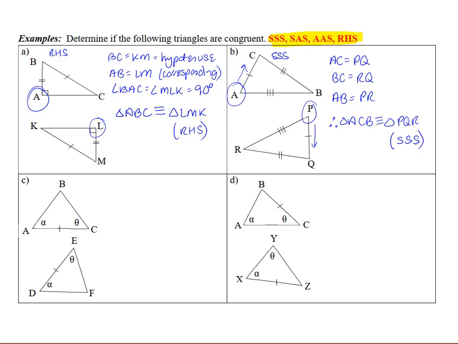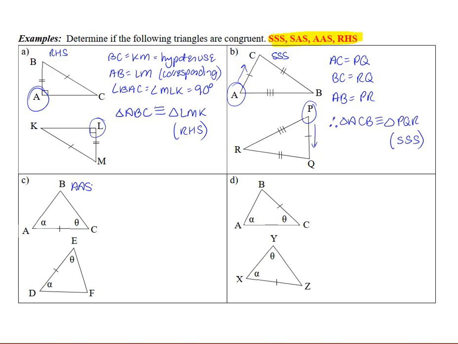The next one, I've got two angles and I've got a side. So I'm hoping for AAS as long as everything is in the corresponding position. So that means that if I cut one out and put it on the other, it would work. And I can see that that would work by rotating and flipping ABC.